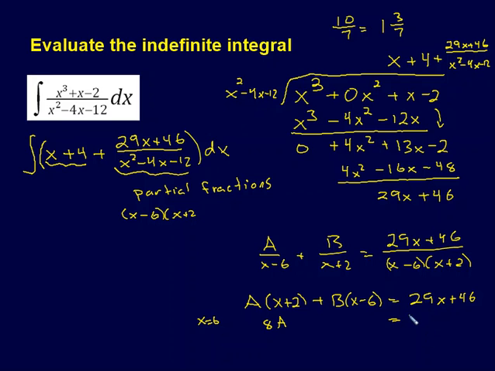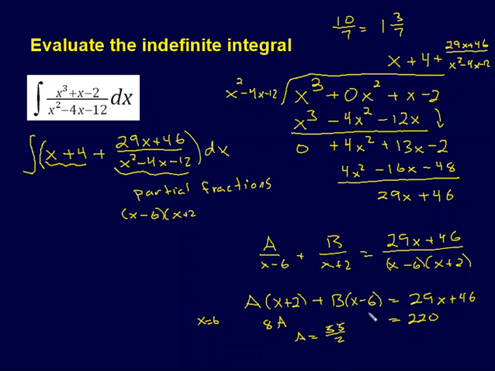I'm getting 220 for that. So a is going to be 220 divided by 8. And I'm getting 27.5. So we're actually going to write that as 55 over 2.